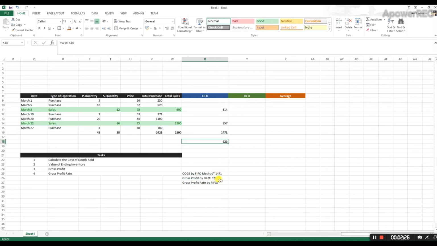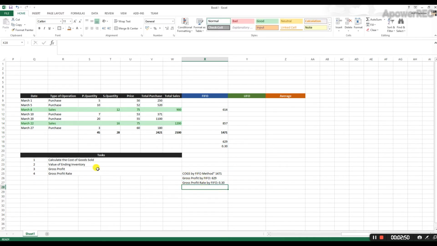And in order to find the gross profit rate, we have to divide this gross profit by the sales, and of course remove the decimals until you have only 2, and you can write it down 0.30.